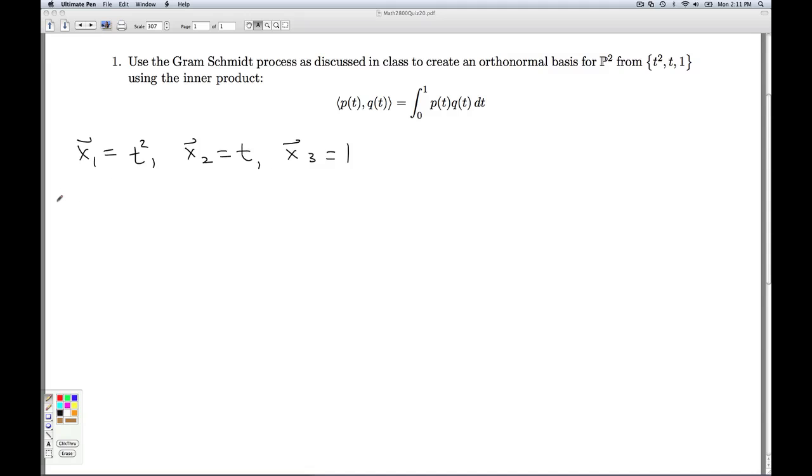The first step in the orthogonalization process is to orthogonalize x2 and x3 with respect to x1. So I'm going to replace x2 with x2 minus its projection onto x1, and I'm going to do the same thing with x3.